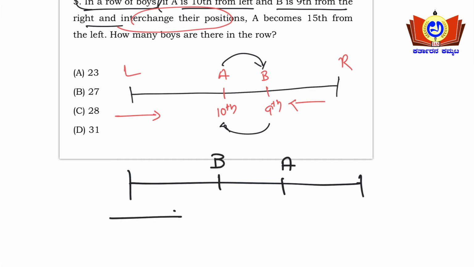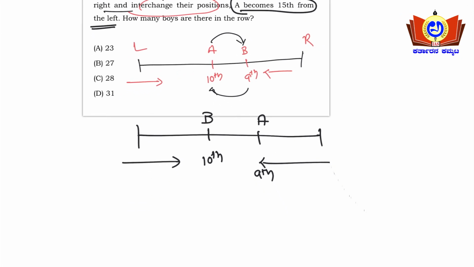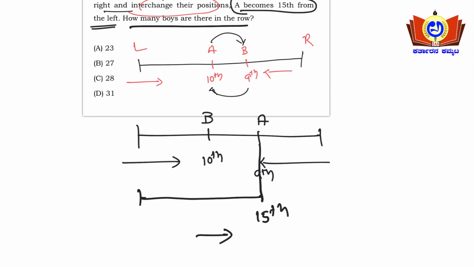So B is 10th from left and now A is 9th from right here. So A becomes 15th from the left, meaning from the left till here, this position will be 15th from left.